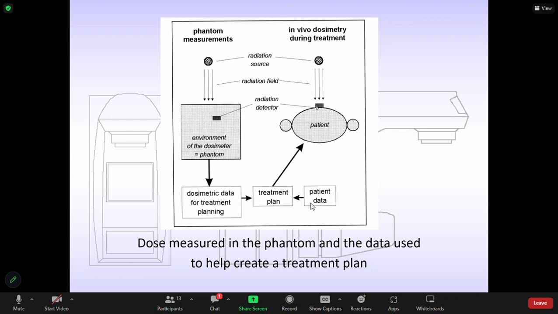And the other thing also, because we put it on the skin, and again back to the build-up region, we want to put a bolus so that we bring the maximum dose to the surface. Now, obviously, when we do the phantom, we could use either solid water or a 3D tank.